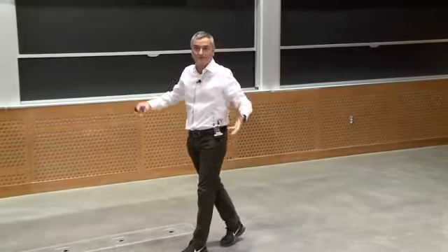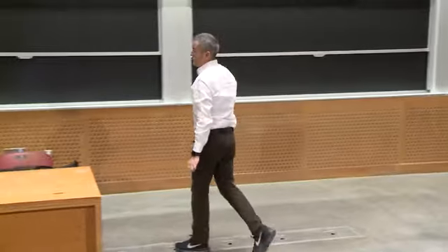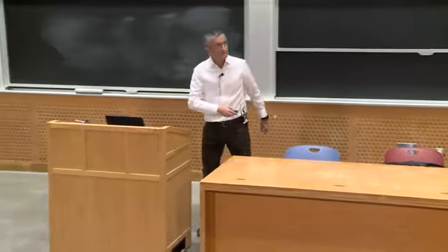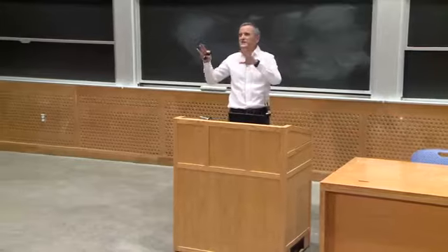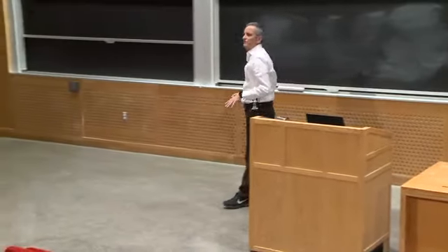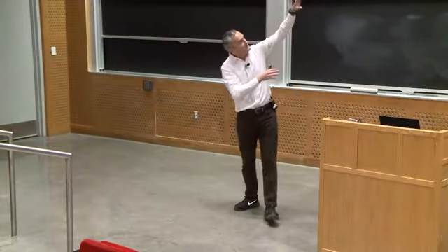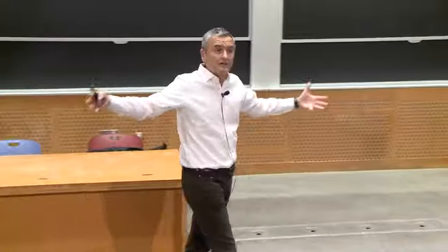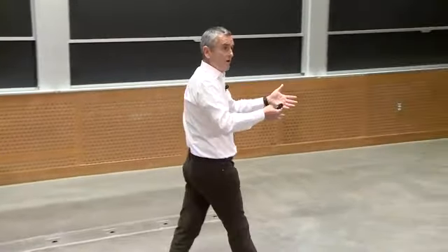In most places around the world, you're going to have at least something equivalent to the 7 governors. Obviously, the ECB is different because it's multiple countries, so each country sends one member.